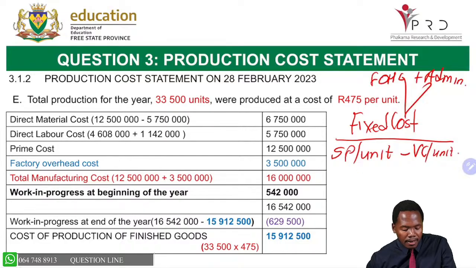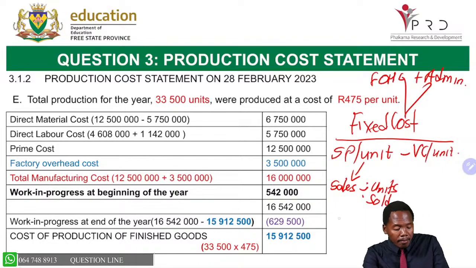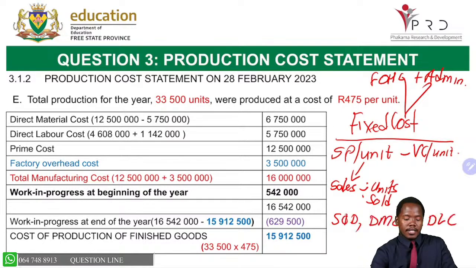And then selling price per unit, how do we get it? We say sales divided by units sold. What is variable cost? Variable cost, remember, will be our selling and distribution, our direct material cost, and our direct labor cost.